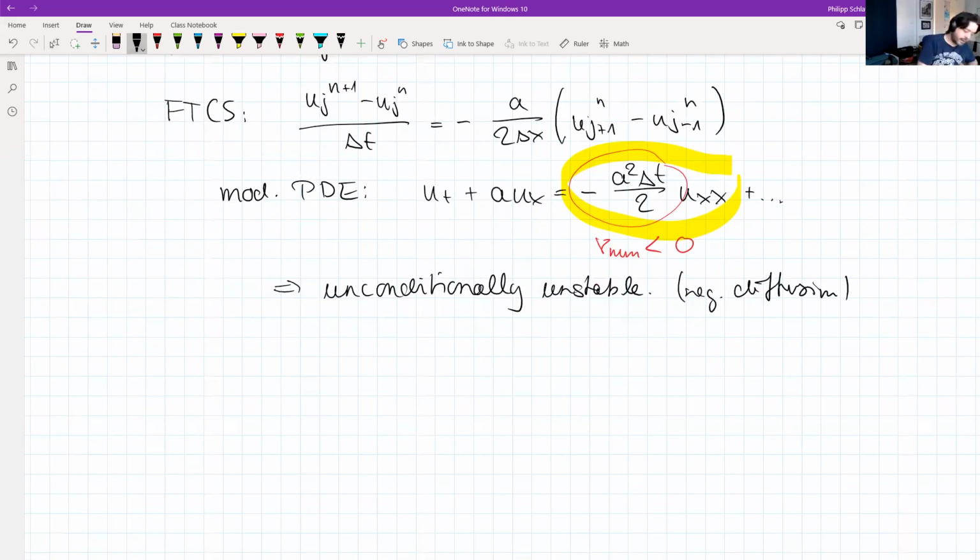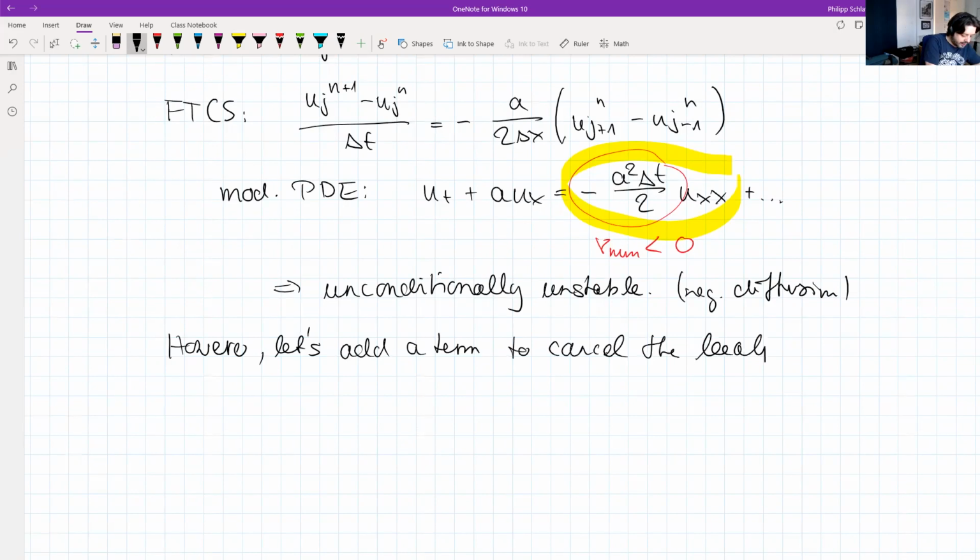So the principle is like this. However, let's add a term to cancel the leading error term. Well, how do we do that?